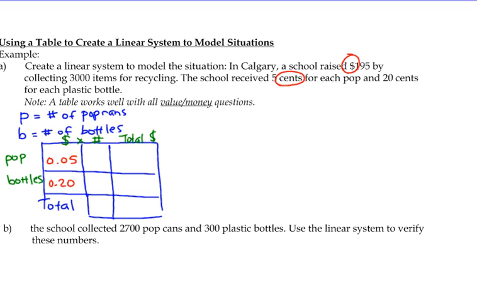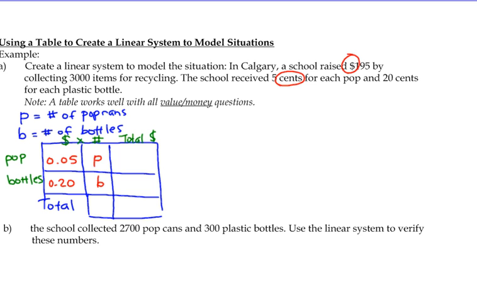Now, your variables are always going to go in these middle two boxes. So the number of pop cans we collected, we called it P. And the number of bottles we collected, we called that B. Okay? So this is a tool to use to get the equation.